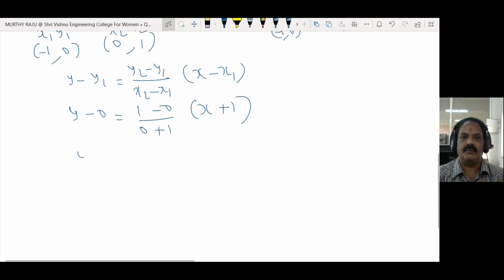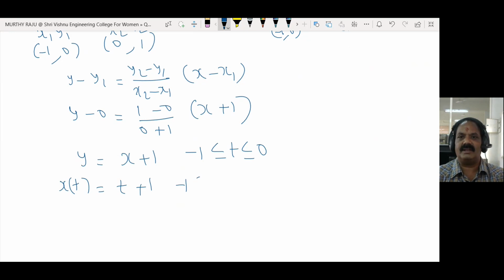So y is equal to x plus 1. Here y means x of t and x means time t. So x of t is t plus 1 in the interval minus 1 less than or equal to t less than or equal to 0.